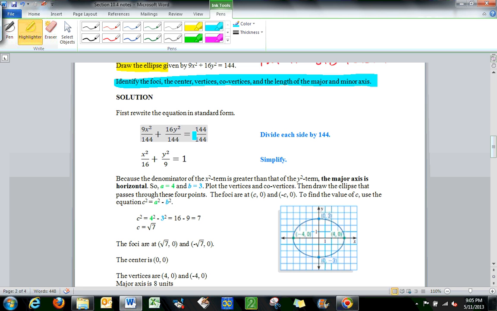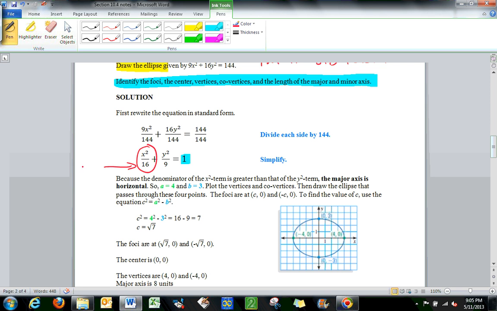First thing we're going to do is write it in standard form. So we need to divide everything by 144 so that we get that equal to 1. When we do that, you can see that we have x squared over 16 plus y squared over 9. Now, this is a very important part of this process. Because the larger value is underneath the x, that tells me that my major axis is going to be horizontal.